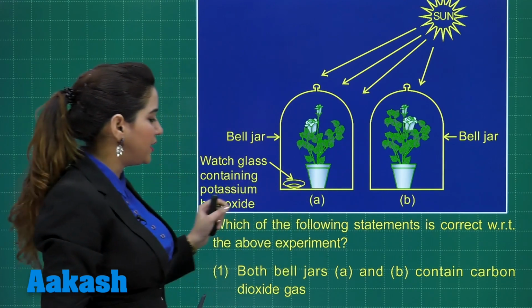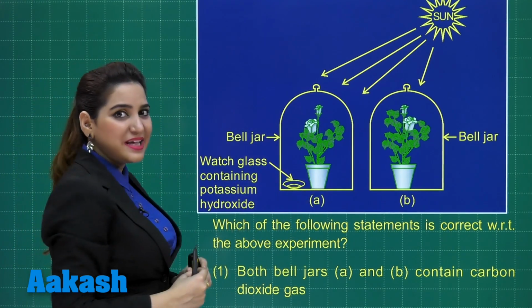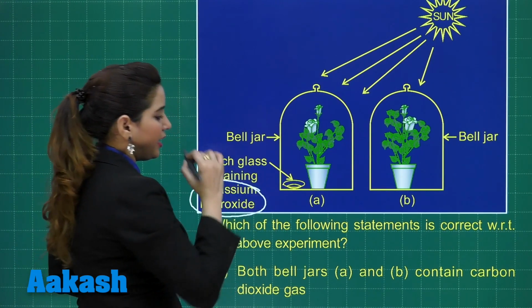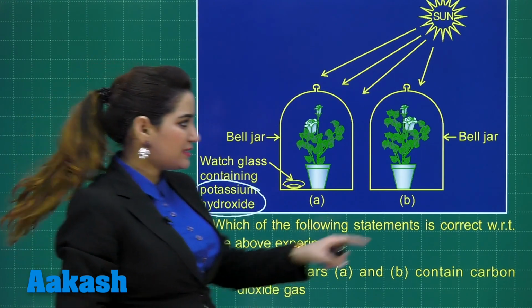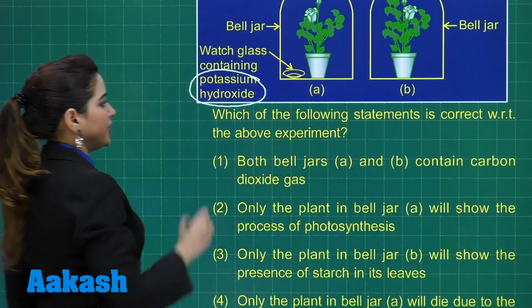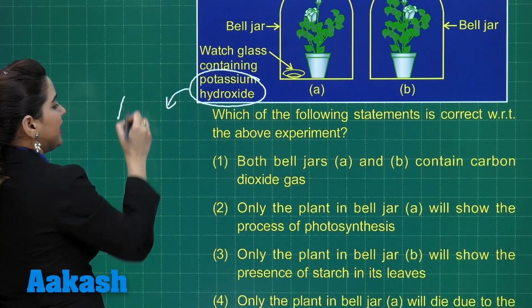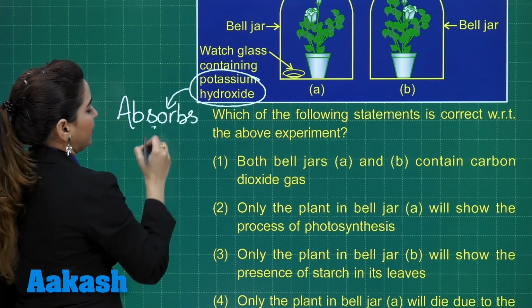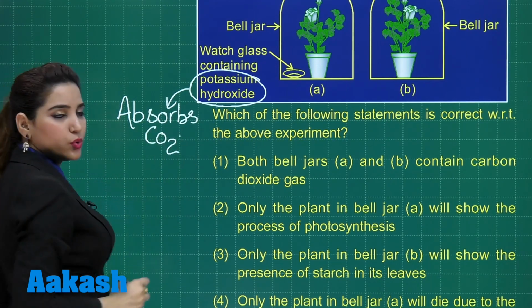One more difference you will find is that for plant A, there is a watch glass containing potassium hydroxide here. Students, let me tell you, the property of potassium hydroxide is that it absorbs carbon dioxide. It absorbs CO2.